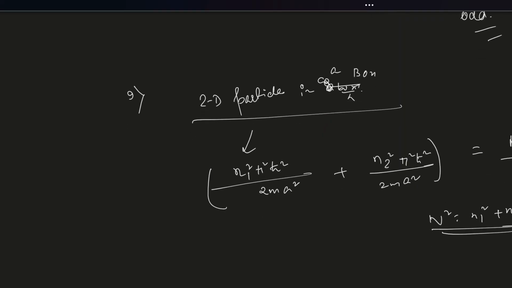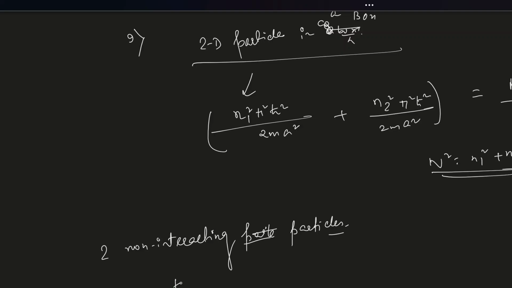Now you have actually two particles, two non-interacting particles. Two non-interacting particles means there is no interaction between themselves, therefore their total energy will be just the summation of the two energies.